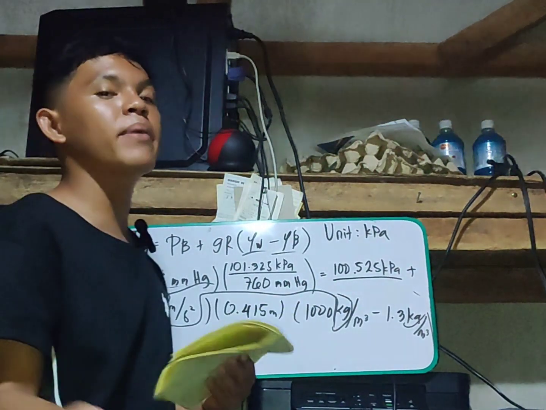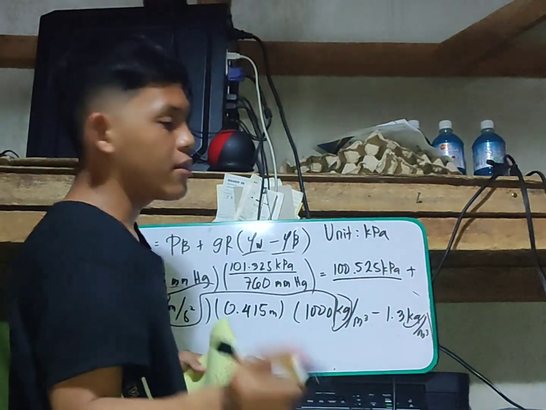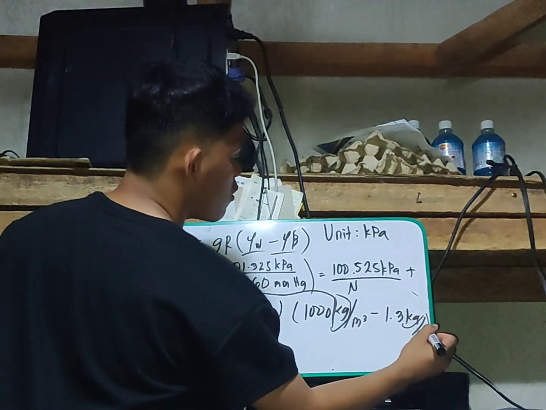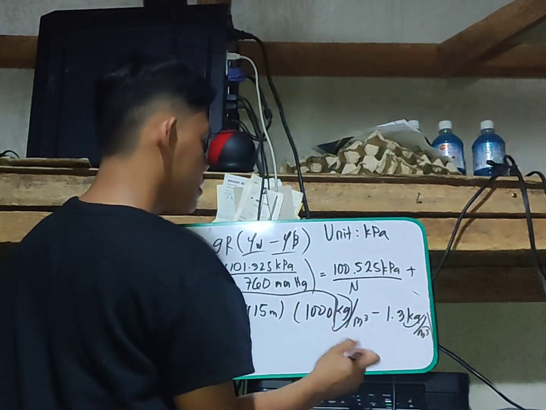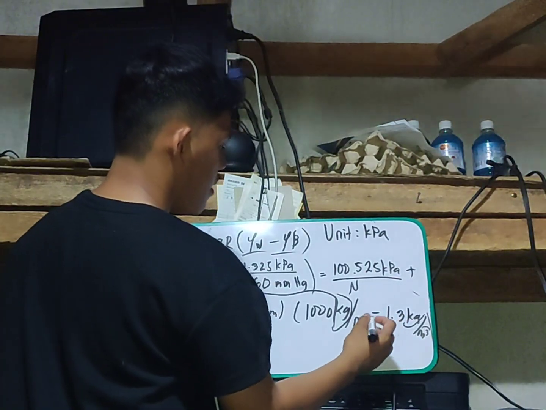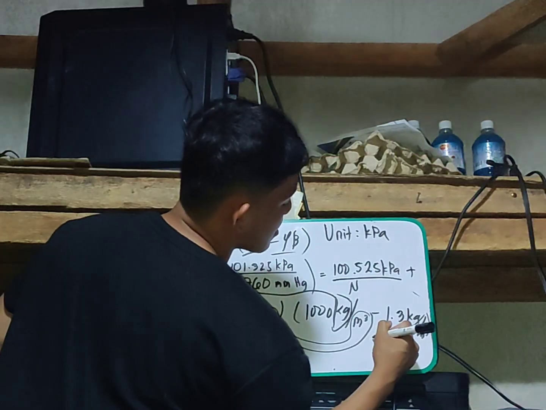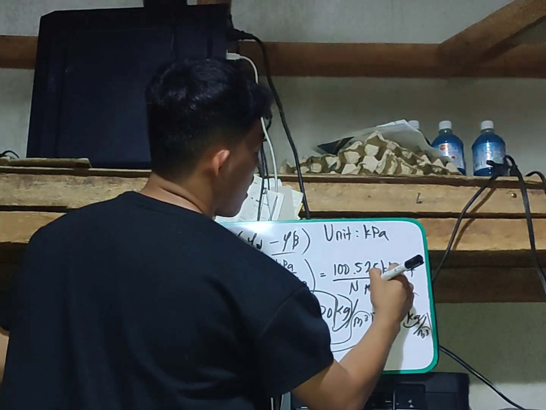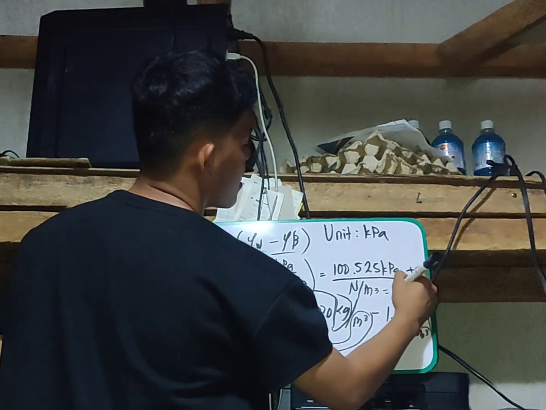Di ba, yung sabi ko kanina, kapag meron tayong meter per second squared at saka kilograms, it is equals to Newton. And kapag meron naman tayong meter, cubic meter, yan, over Newton per cubic meters is equals to Pascal.